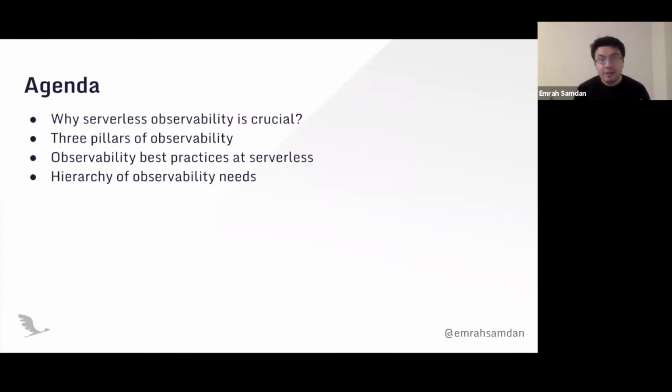And we have something we improved and developed at Tundra: the hierarchy of observability needs. As a tool that mainly focuses on observability, we thought we can make an analogy with Maslow's hierarchy of needs, and transform it into a hierarchy of observability needs.